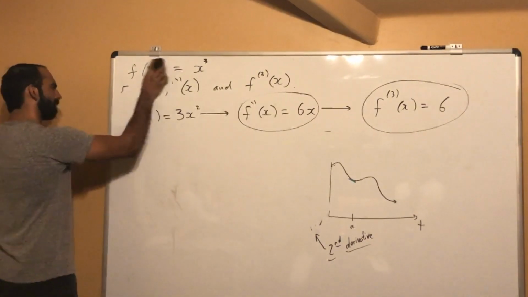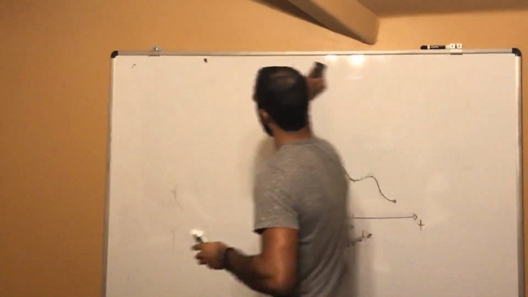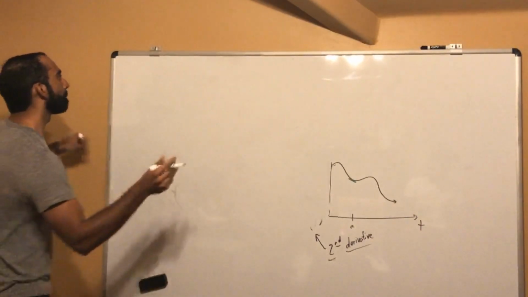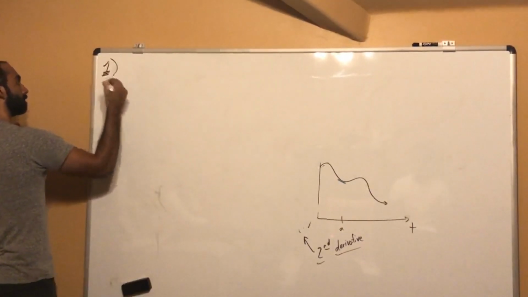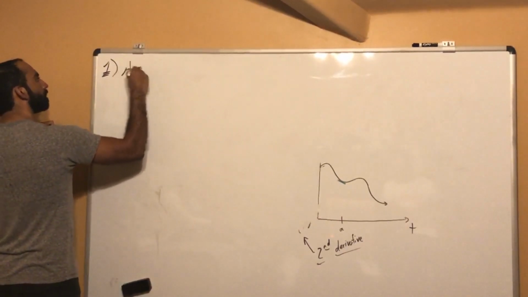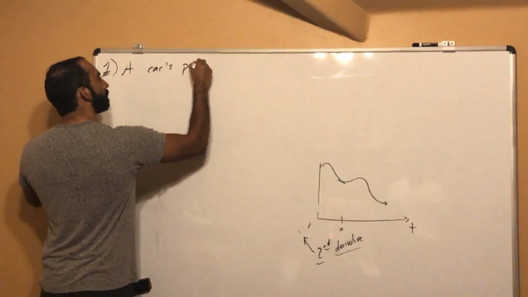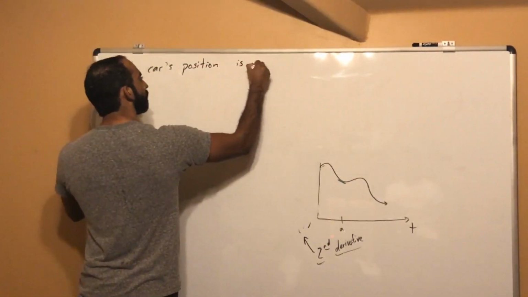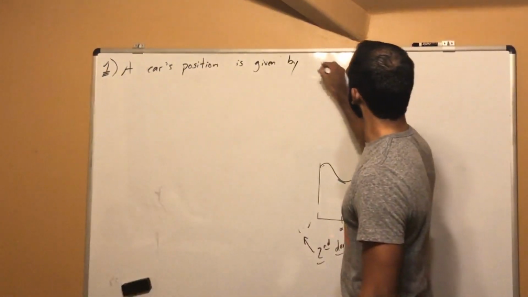All right. So, moving back to some physics. I want you guys to take a minute or two to try this problem. So, get on the back. Okay. Let's say this is example number 1. Here's a car's position is given by the following equation.